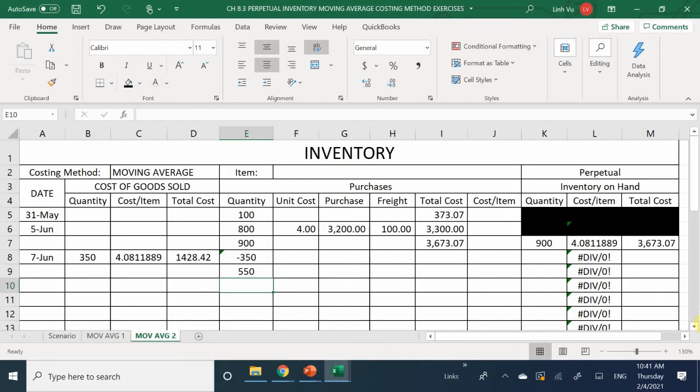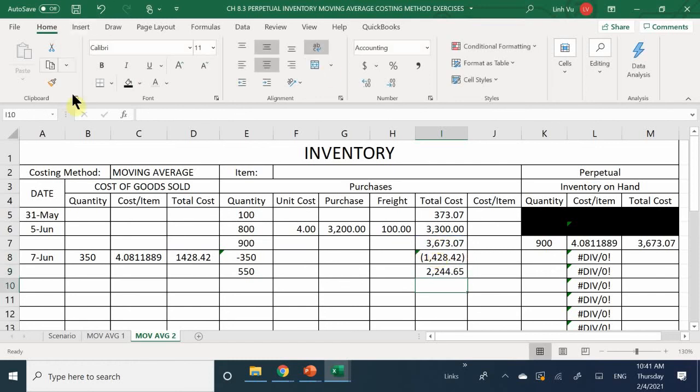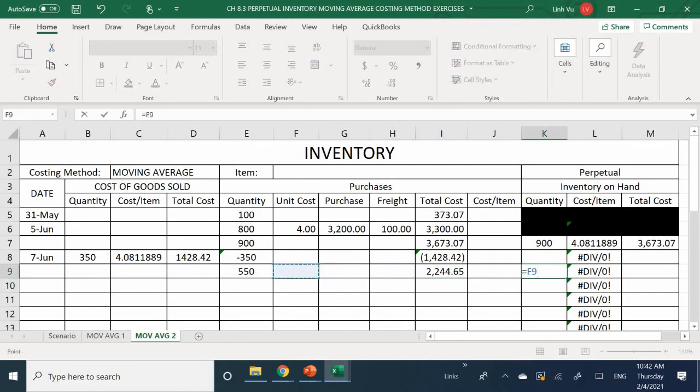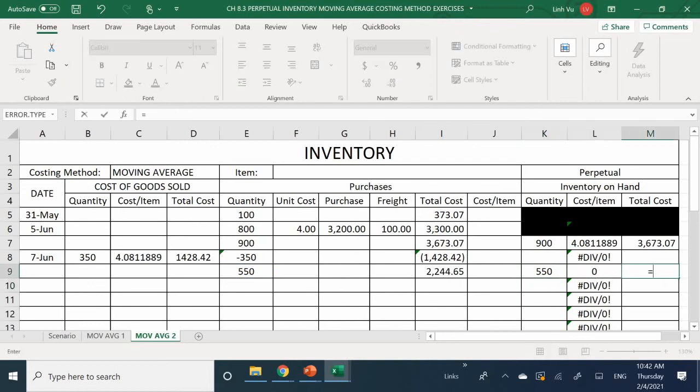So 900 minus 350 gives you 550. And my new total cost is going to be $2,244.65. So with those new numbers, what is my cost per item? What's my average cost per item going to be?